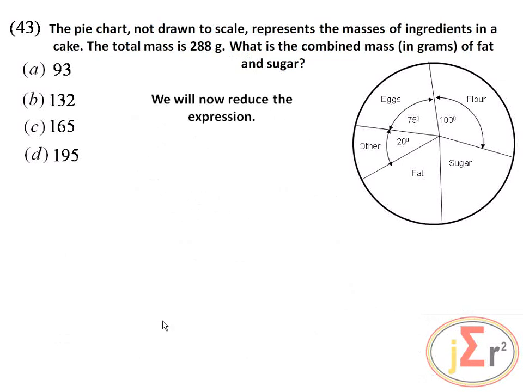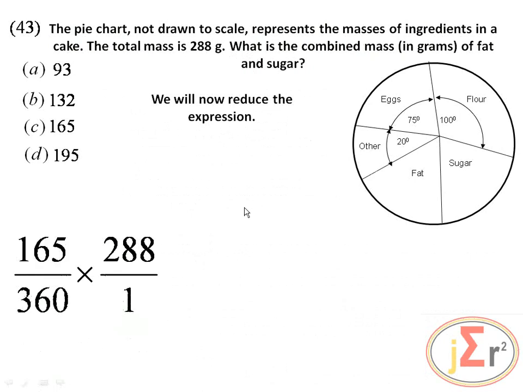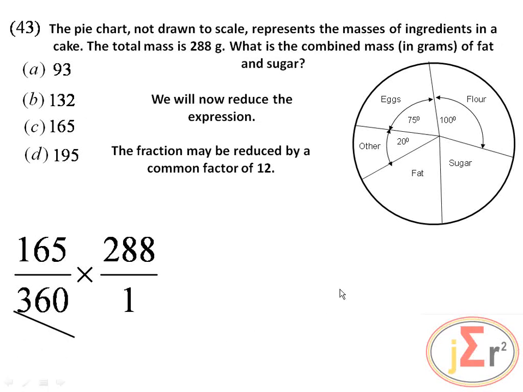We will now reduce the expression that we have so that we can get our answer. The fraction may be reduced by a common factor of 12. Of course, 12 into 360 is 30, and 12 into 288, I think, is 24. So there we have 30, and there we have 24.